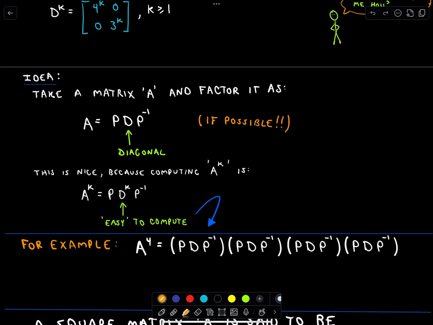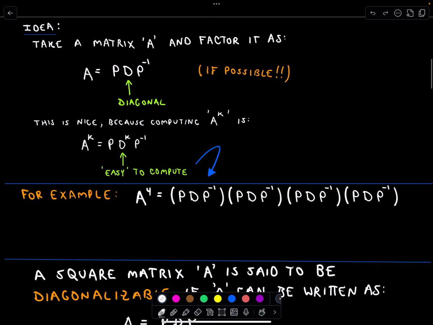I'm not going to prove this formula, but I think you could prove it very easily. And just to convince you of this, here I've got A to the fourth. Let's assume that we can write our matrix A in this form. So A is going to be P times D times P inverse. So A to the fourth is just 4 copies of it.